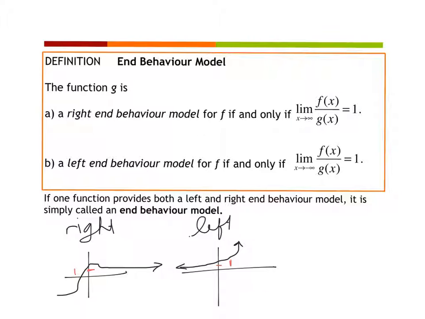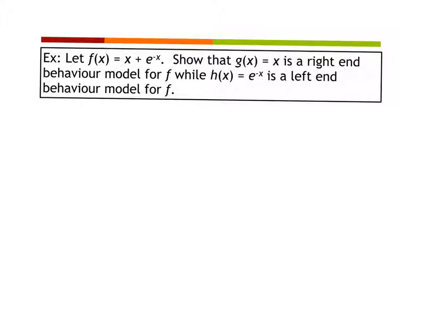And both would be like if you had something like that, where on both sides it's going to 1. So it's just a name. I don't know why it matters, to be honest, but it's what we call it, so you should know it. Here, this is an example.